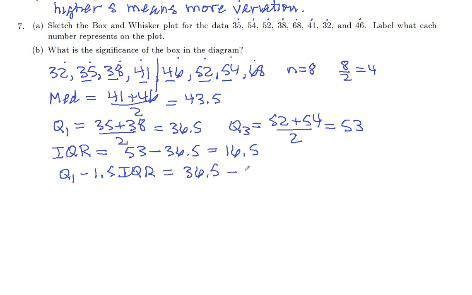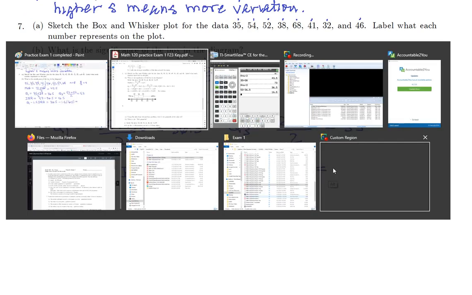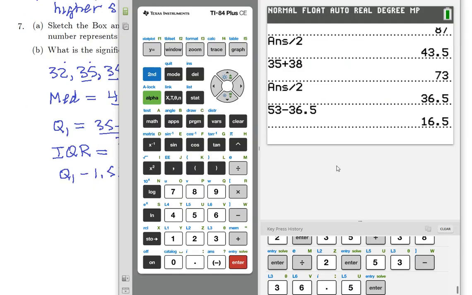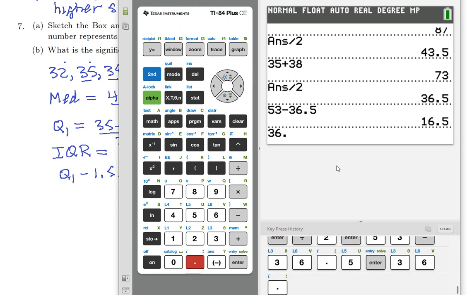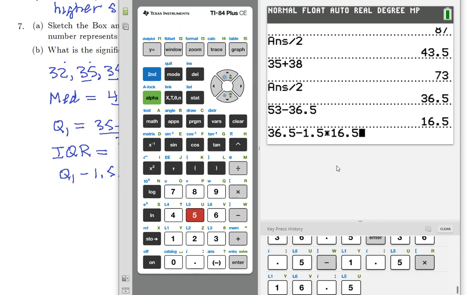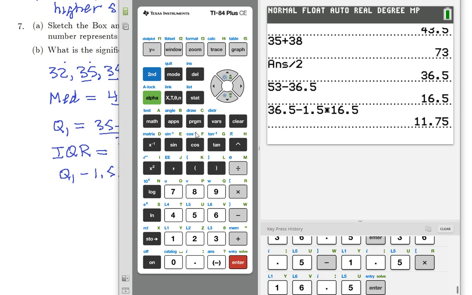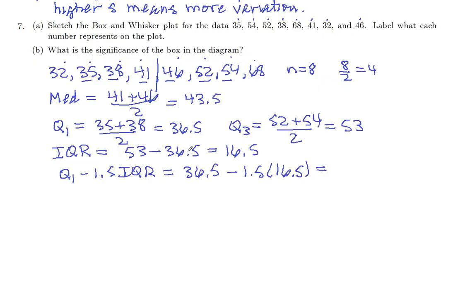We're going to subtract 1.5 times the 16.5. Let's compute that. So 36.5 minus 1.5 times 16.5, 11.75.